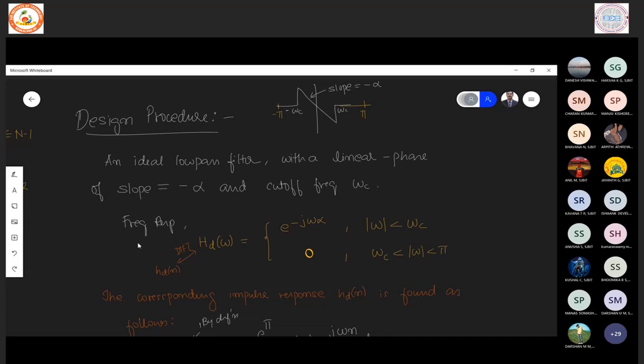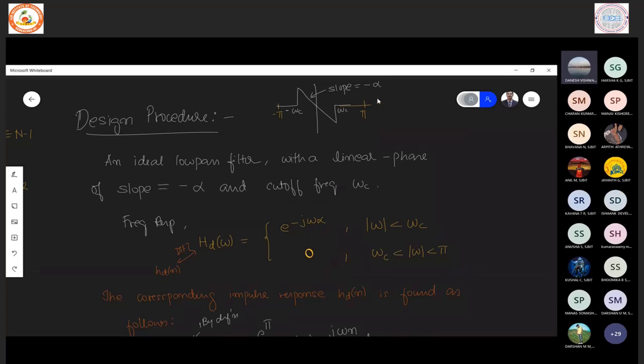The frequency response for the ideal low pass filter is Hd of omega equal to e power of minus j omega alpha, as we know the slope is minus alpha. This is true for magnitude of omega less than omega c. So if the frequency lies between minus omega c to omega c, only then this equation is applicable.